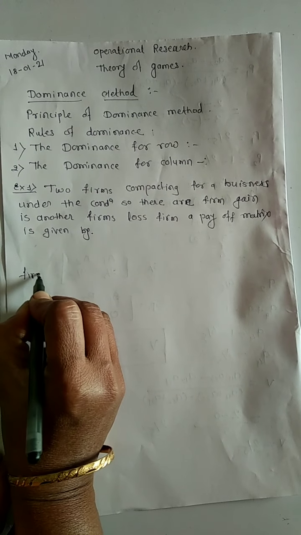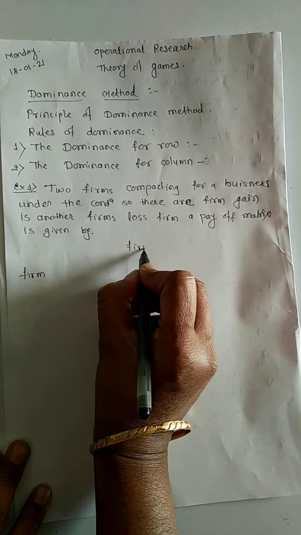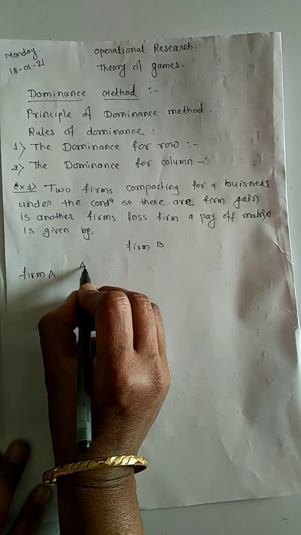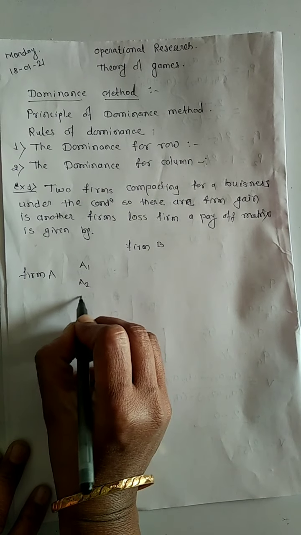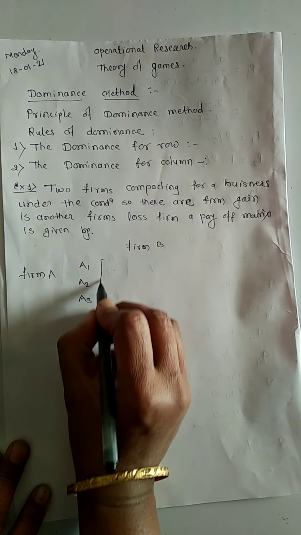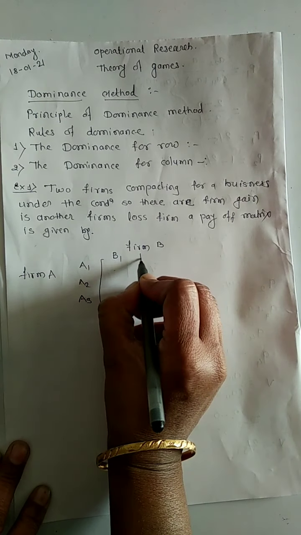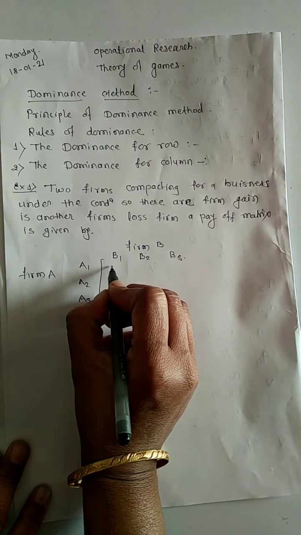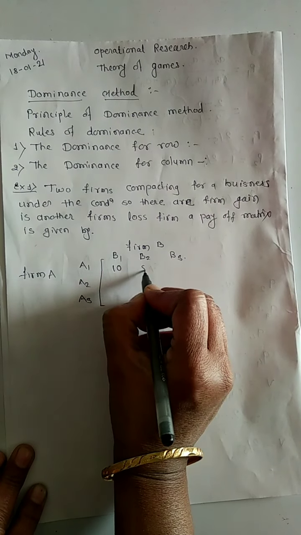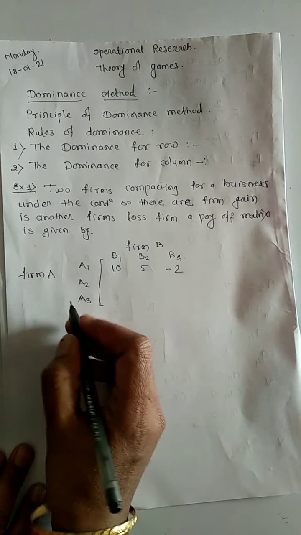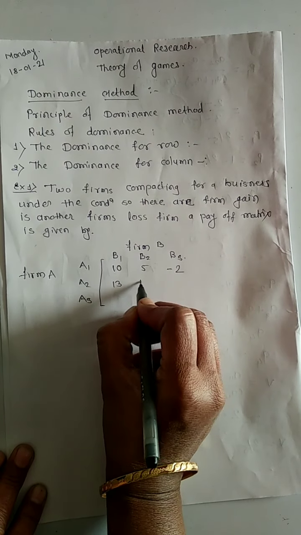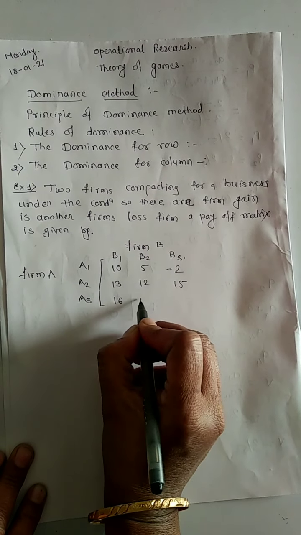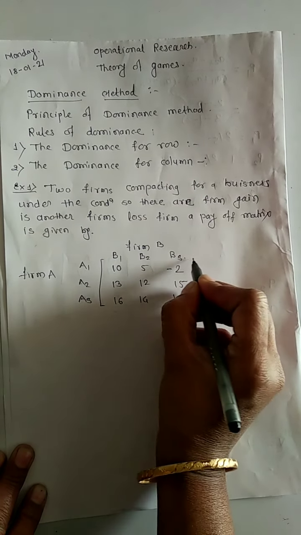For firm A and firm B, here A1, A2, A3 means 3 rows are present, and B1, B2, B3 means 3 columns are present. The first row is 10, 5, minus 2. The second row is 13, 12, 15, and the third is 16, 14, 10.